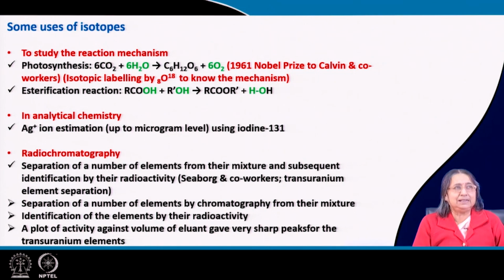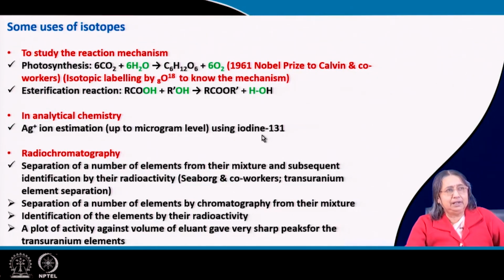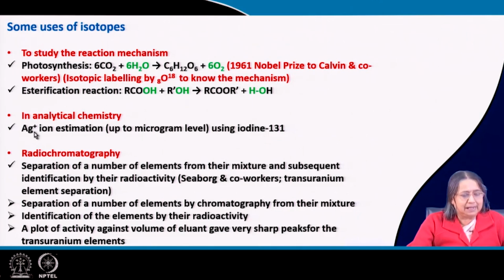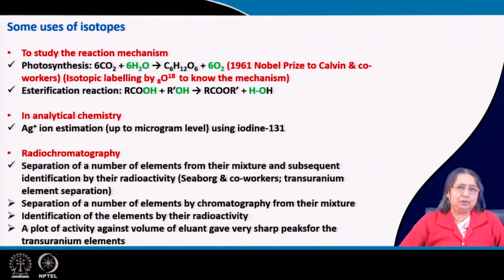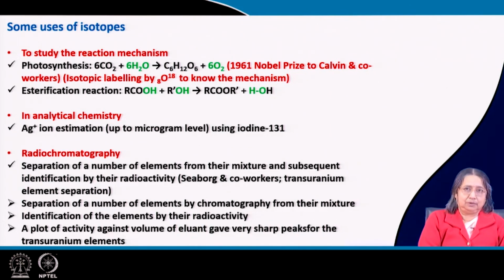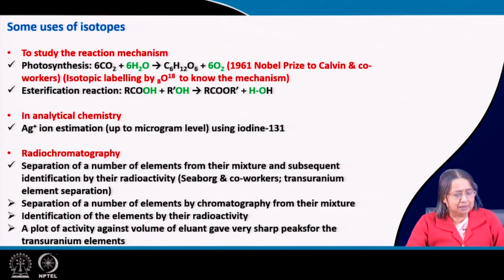Because you have used iodine 131, you can easily find out how much silver was there. It is a better method in terms of level of detection, meaning you can go to a lower level of determination. So, that is in analytical chemistry.